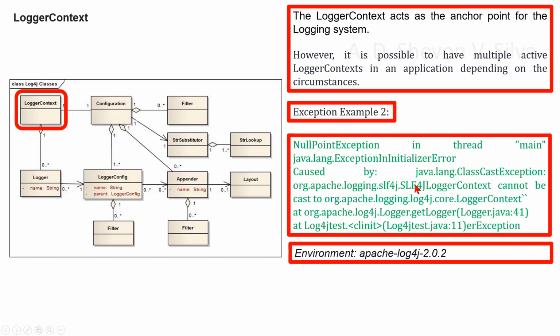As another exception example, this occurred in an environment with Apache Log4j 2.0.2: NullPointerException in thread main, java.lang.ExceptionInInitializerError caused by java.lang.ClassCastException: org.apache.logging.slf4j.Log4jLoggerContext cannot be cast to org.apache.logging.log4j.core.LoggerContext, etc.